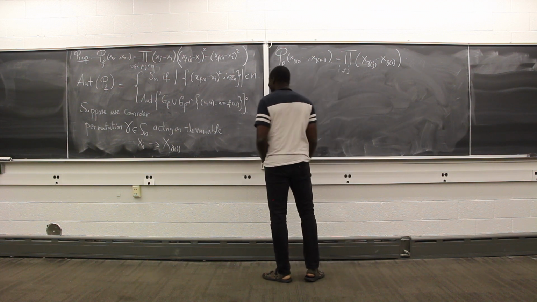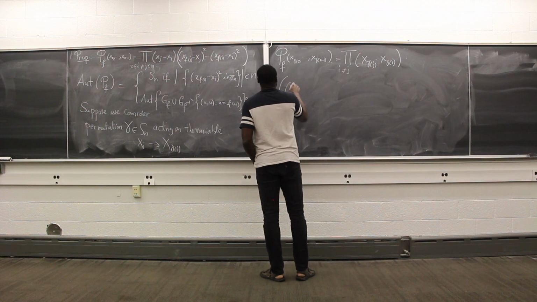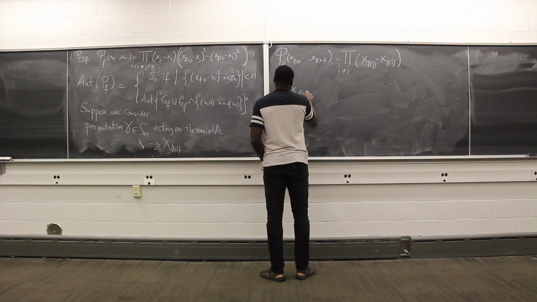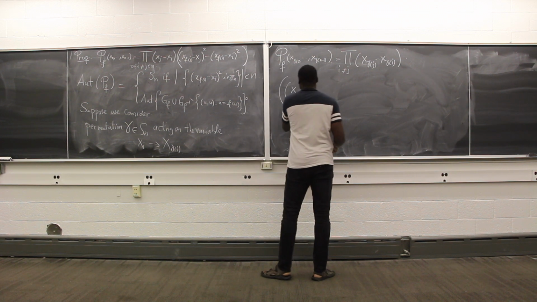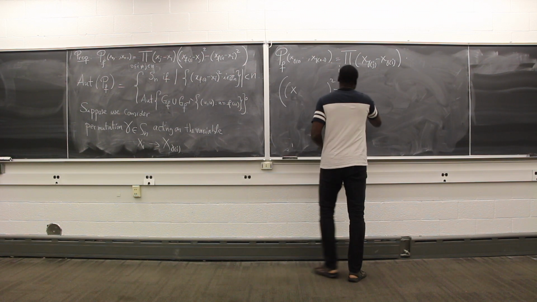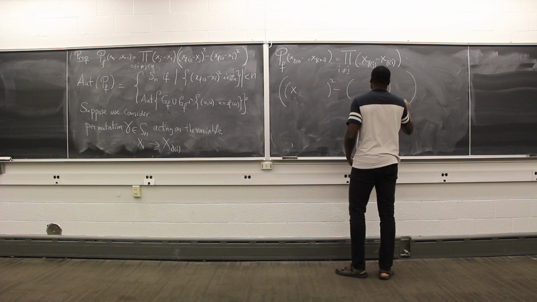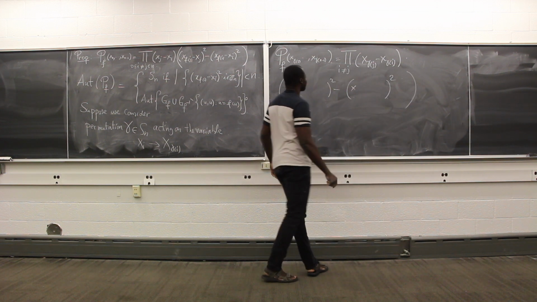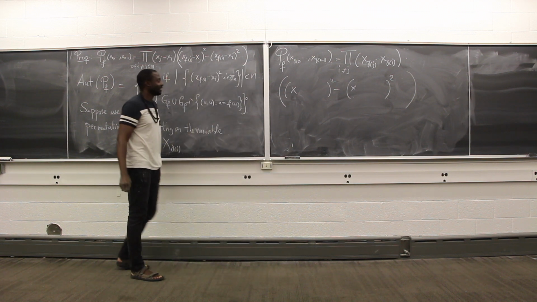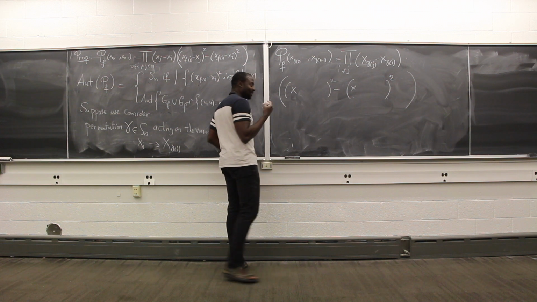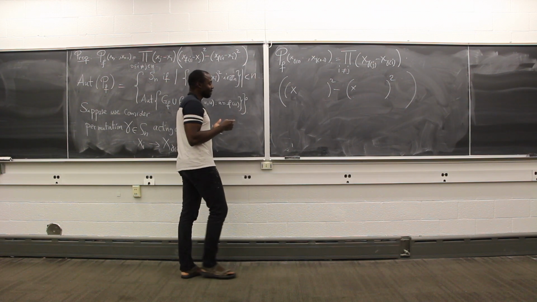But let me ask for help. The beauty of having such a large audience is that I can ask for help. If the audience was small, then I'm completely screwed, right? But it's such a large audience, I can ask for help. So what do I write for the inside? So it's x gamma f j. Very good. So this actually is not trivial, but you have to think about what's happening.